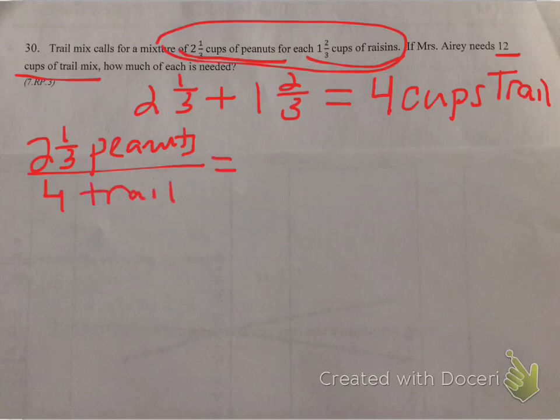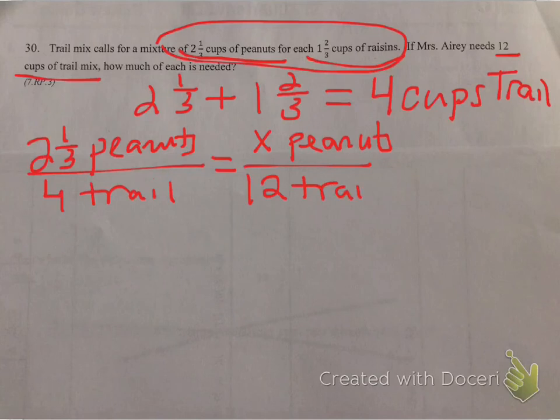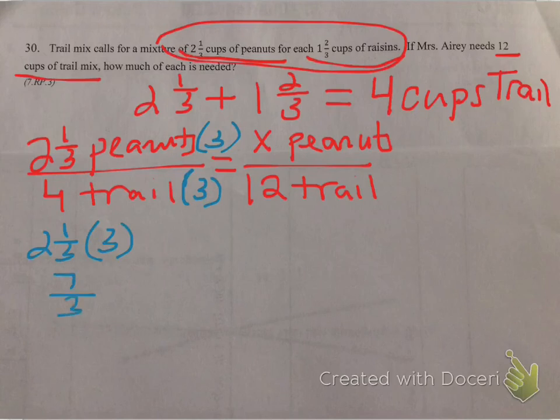We want to know how much of the peanuts if we have 12 cups of trail mix. We could use the multiplication method to solve this, because 4 times 3 is 12, so 2 1/3 times 3 will give me my peanuts. 2 1/3 times 3, that would be 7/3 times 3, and you get 7 cups of peanuts.